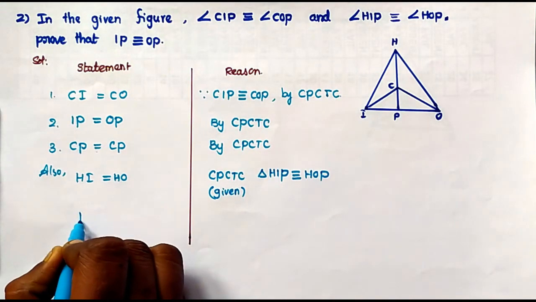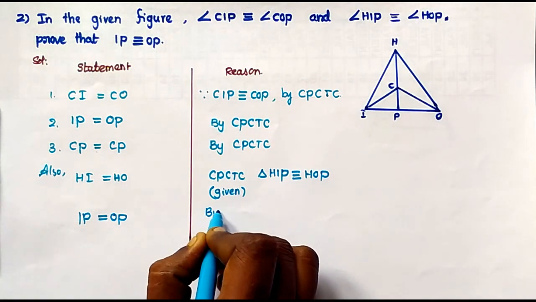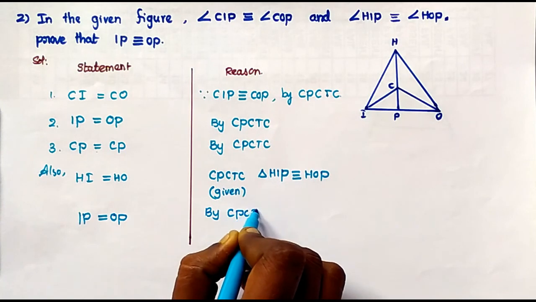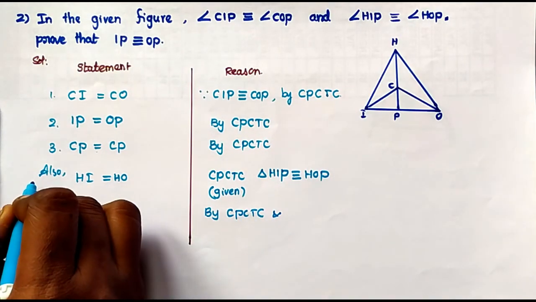Next, IP is equal to OP by CPCTC, and then the fourth point.